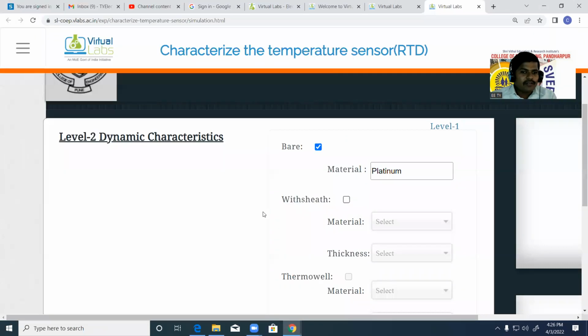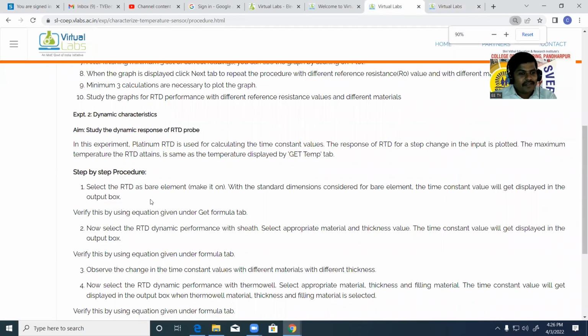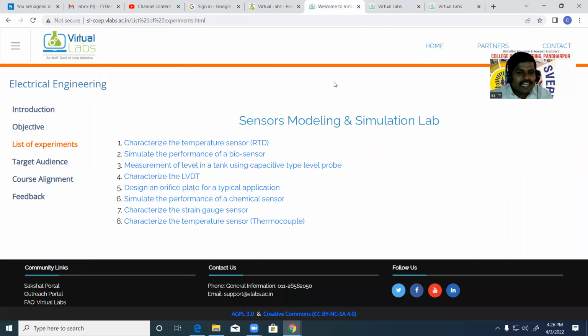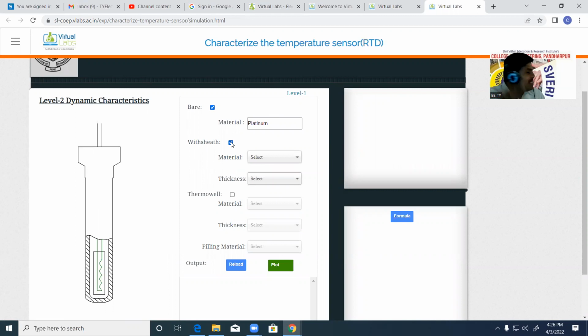ओके, now see next one, procedure is that, next step. Now select the RTD dynamic performance with sheath. What is sheath? म्हणजे त्याच्यावरती त्या लाईनवरती किंवा त्या मटेरियलवरती कव्हरिंग आहे. So we will select that sheath material here with sheath. म्हणजे त्याच्या भोवती कव्हरिंग आलेलं आलं का, एक शीथ मटेरियल.